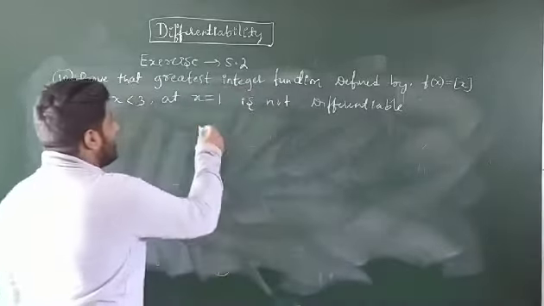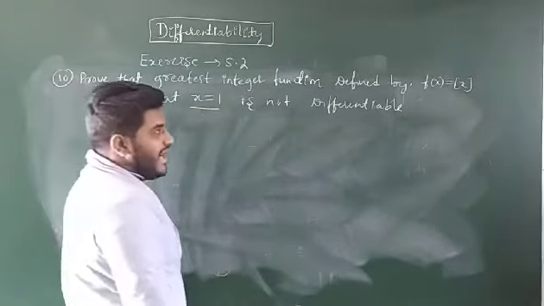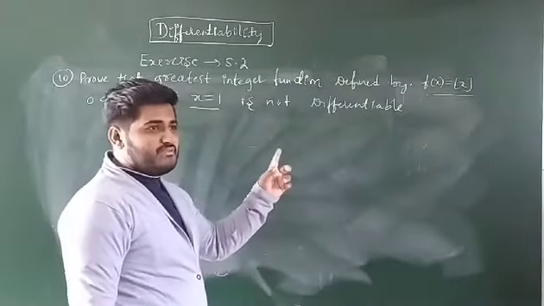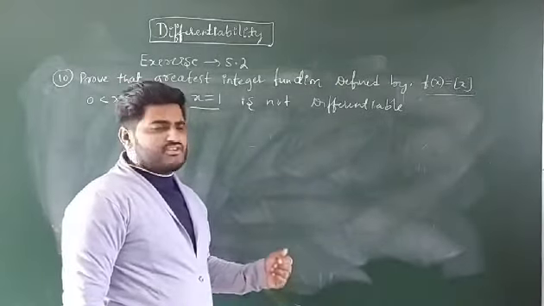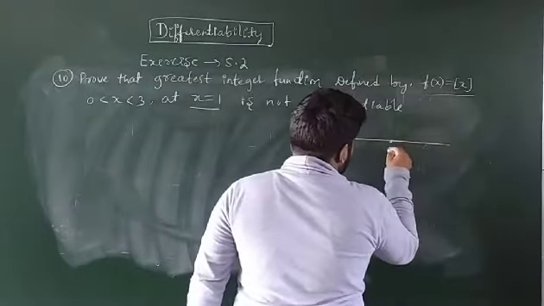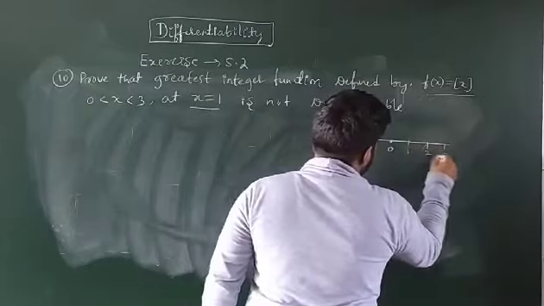Here they have asked the point at x equal to 1 and they have given a function f of x equal to greatest integer function. So what does the greatest integer function indicate? Carefully see here, guys. Here is a number line.